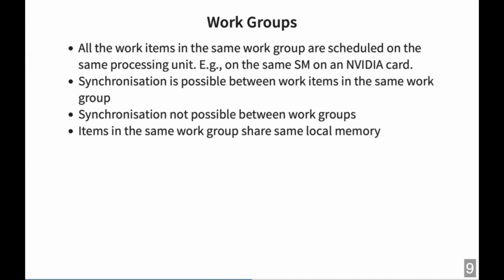And as we discussed in the shared memory section yesterday, synchronization is possible between different work items in the same work group or between different threads in the same block, but it's more trouble if you want to do additional synchronization between work groups.